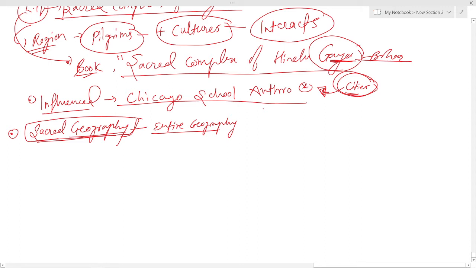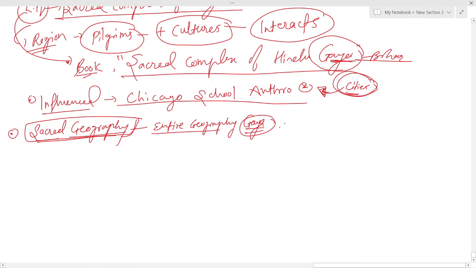In the Indian context, or in the sacred complex of Hindu Gaya, the entire geography of this particular place called Gaya comes under sacred geography.